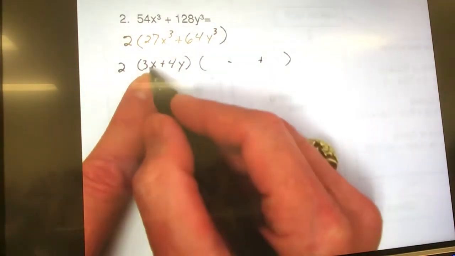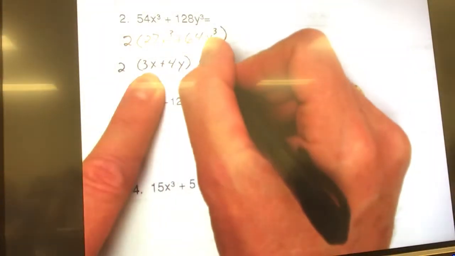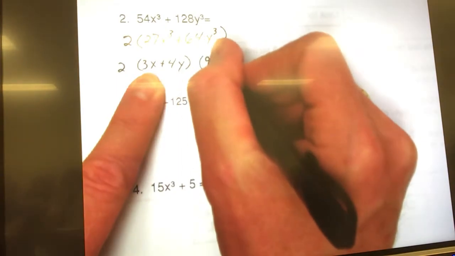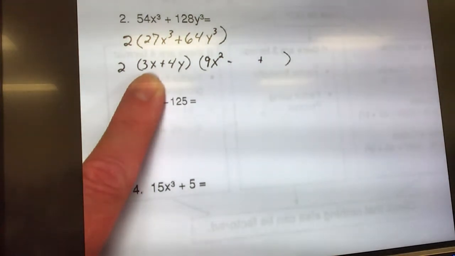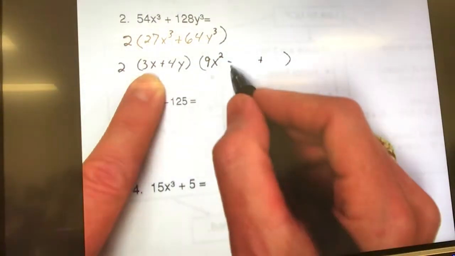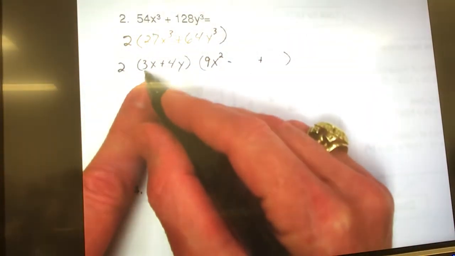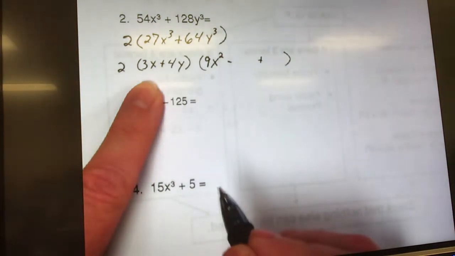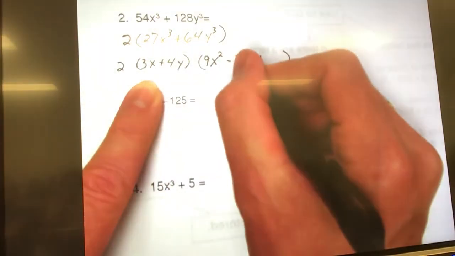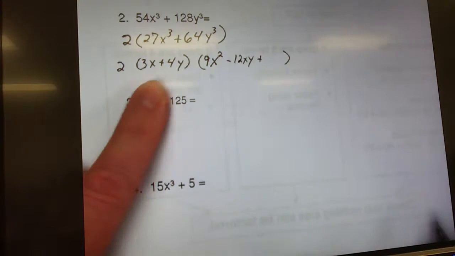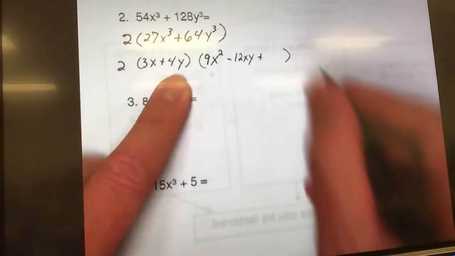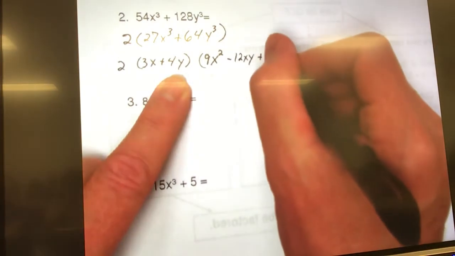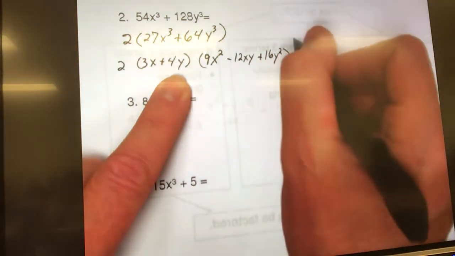What's that times itself? 9x squared. Because 3x times 3x is 9x squared. Minus a times b. So 3x times 4y would give me what? 12xy. And then finally is b squared. So that would give me what? 16y squared. Done.